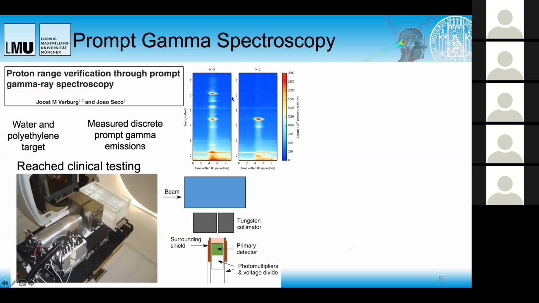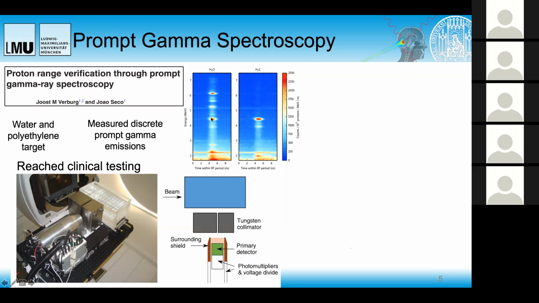And now I would like to draw your attention to this figure up here. This is the measurement that was performed, I think, 10 centimeters upstream of the proton beam of a 165 MeV proton beam. And on the left side here, you see the result of the prompt gamma energy, so basically the spectrum as a function of time for the water phantom, and here on the right side for the polyethylene phantom.